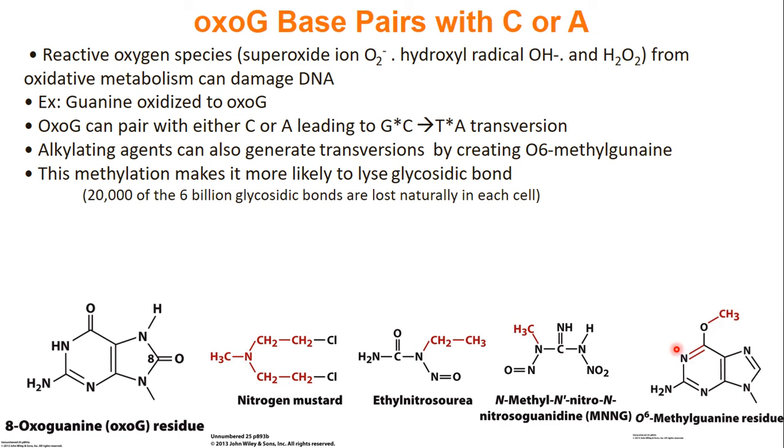And if you have this methyl on your guanine, you're likely to cut your glycosidic bond that connects your sugar to your base. So this bond right here. If you lose that glycosidic bond, you could have trouble transcribing. You could have problems with replication. And so that's generally a thing you don't want to happen.